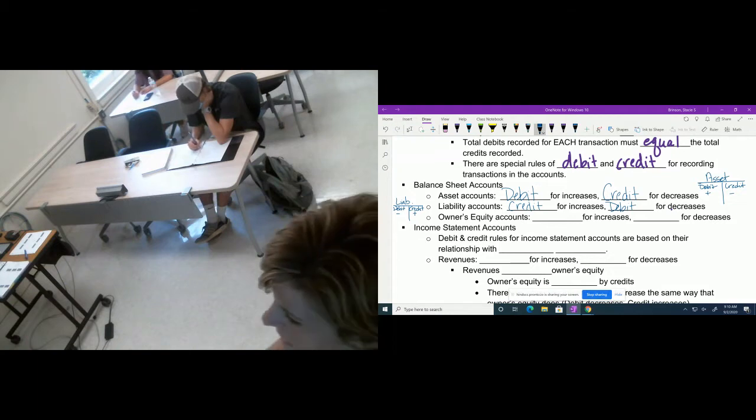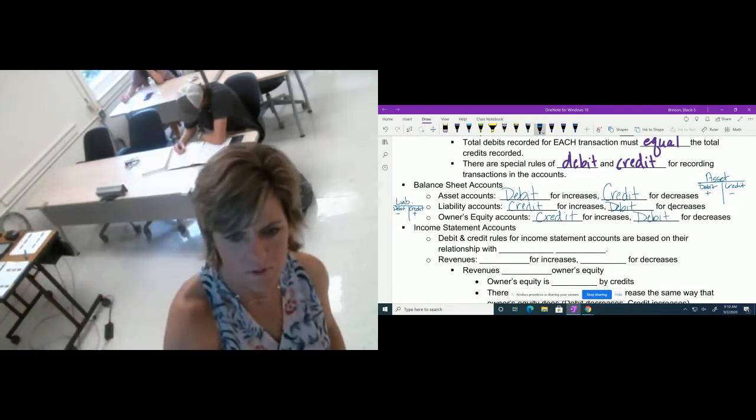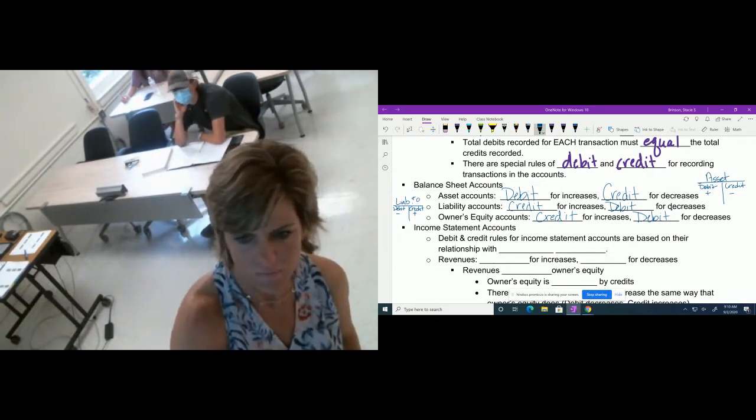You've got debit, credit. The plus will be on the credit side. The minus will be on the debit side. All right, owner's equity is going to be the same thing. It's on the same side of the equation. You'll credit for increases, debit for decreases. So you could say liabilities and owner's equity.